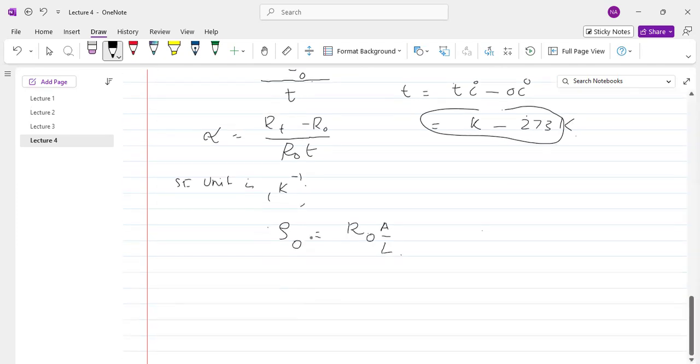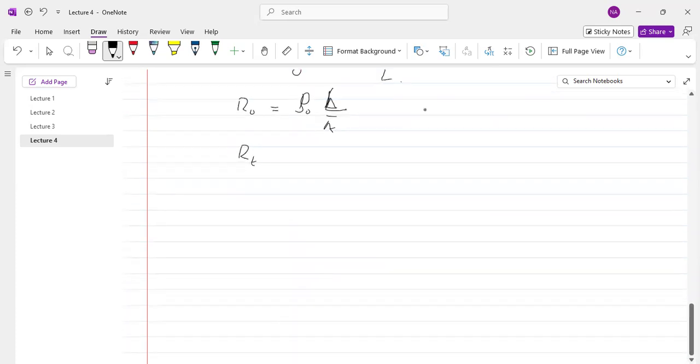This relation can also be obtained from the fact that R naught is equal to rho naught, resistivity at 0 degrees C, into L over A. Similarly, resistance at T degrees C is equal to resistivity at T degrees C into L over A.